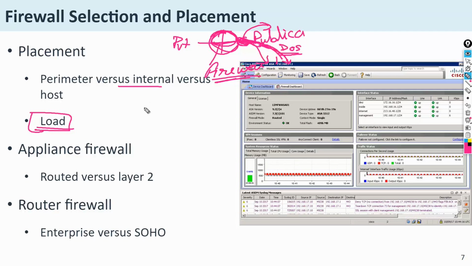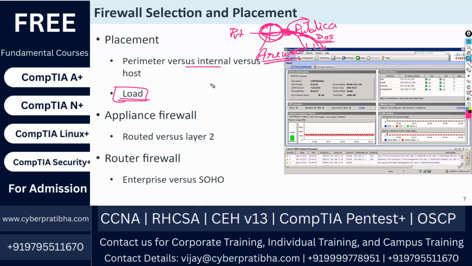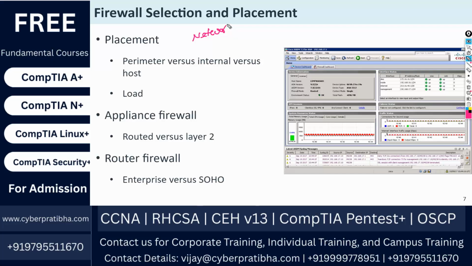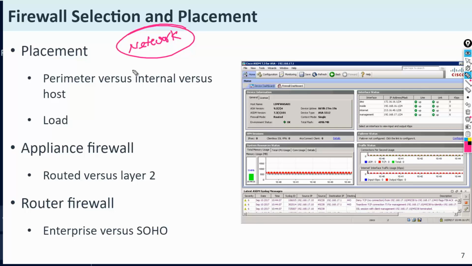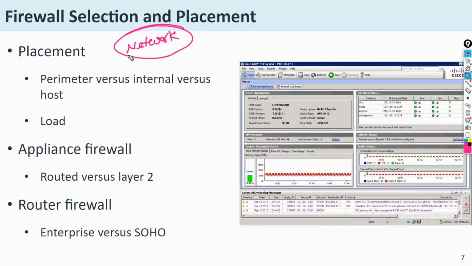And some firewalls can be placed in the network. Of course, we have talked about firewalls established in a network, meaning there is a public zone and a private zone, but there is also the host-based firewall.